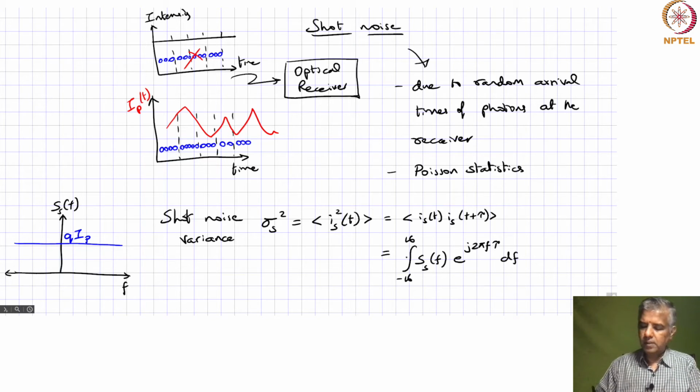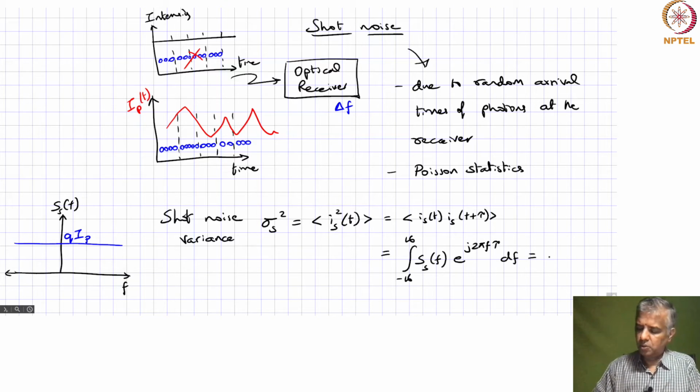So this is integrated over all frequencies, but the frequency of interest as far as the optical receiver is concerned is only the receiver bandwidth, delta f. Although we say minus infinity to plus infinity, effectively it's over minus delta f to plus delta f that matters.